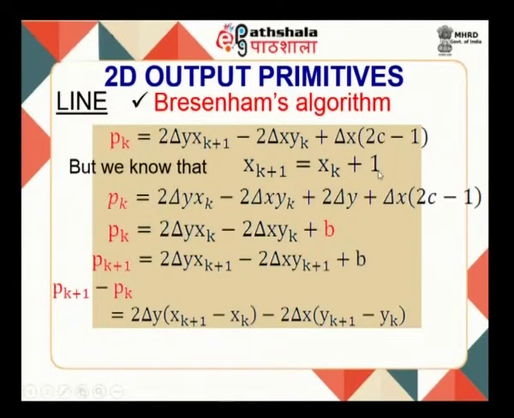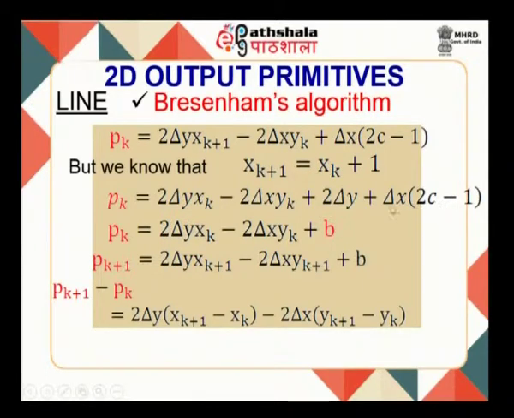But y is to be decided whether it is y k plus 1 or y k depending on the sign of p k. So, substitute for the next x value as x k plus 1. So, this equation reduces to 2 delta y x k minus 2 delta x y k plus 2 delta y plus delta x into 2 c minus 1.